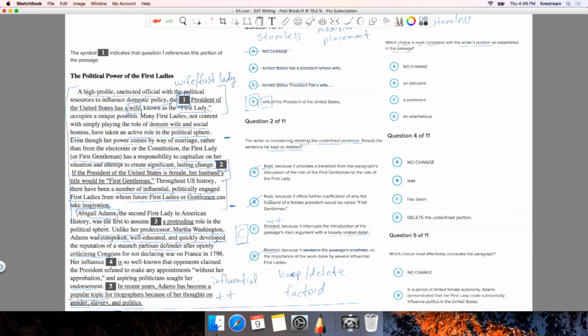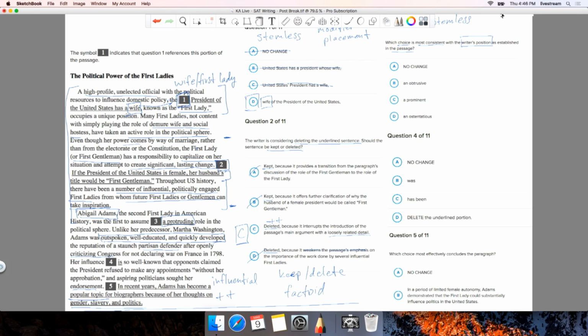So Abigail Adams, the second First Lady in American history, was the first to assume a protruding role in the political sphere, unlike her predecessor and all of that. Remember, this paragraph was pretty positive about Abigail Adams, so we want to understand if protruding fits and is consistent with the writer's position.